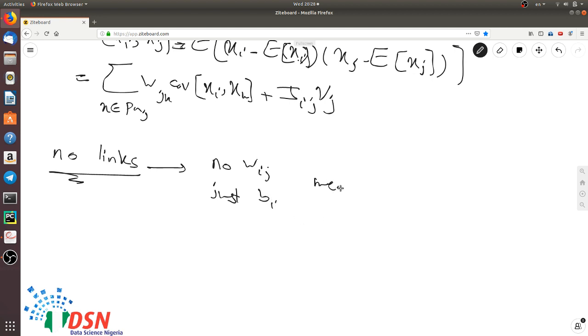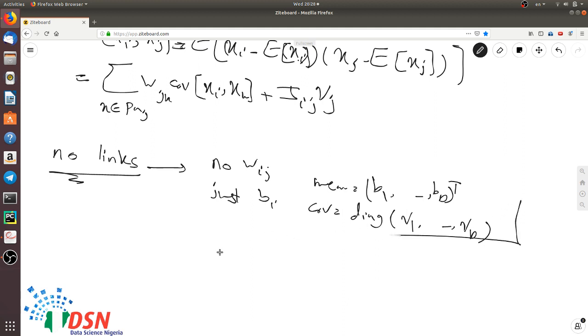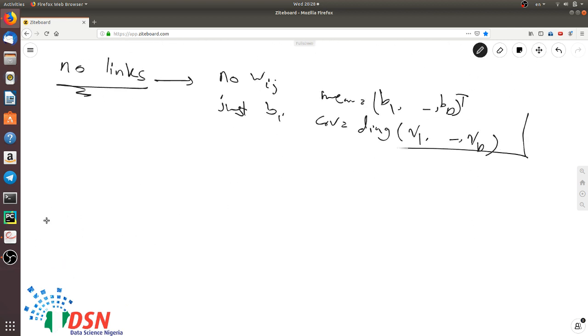So the mean of the multivariate Gaussian distribution will be B1 to BD transposed, and the covariance will be diagonal, V1 to VD. So in this case, you will end up with D independent univariate Gaussian distributions. Okay, let's see another example. Let's say our graph is like this.